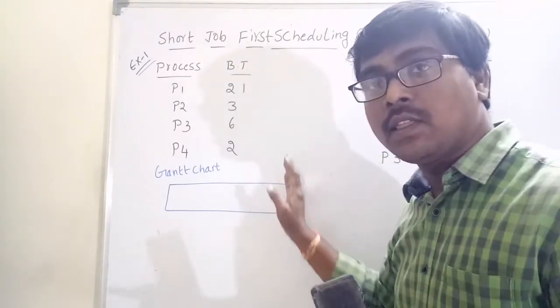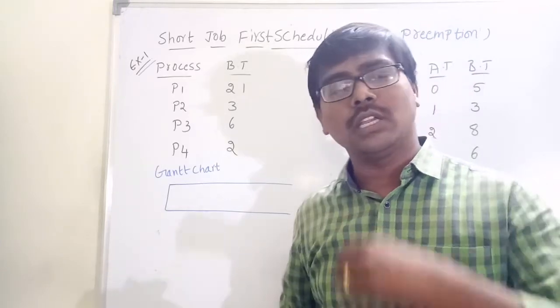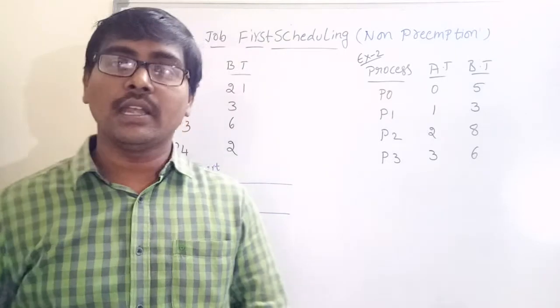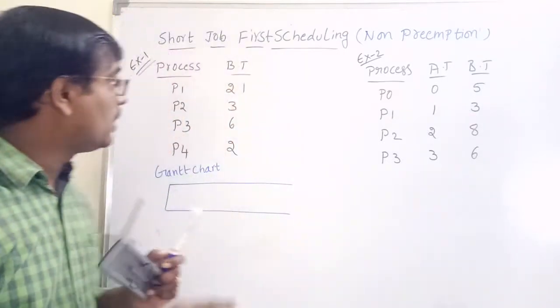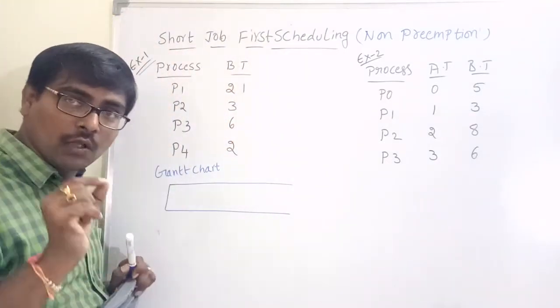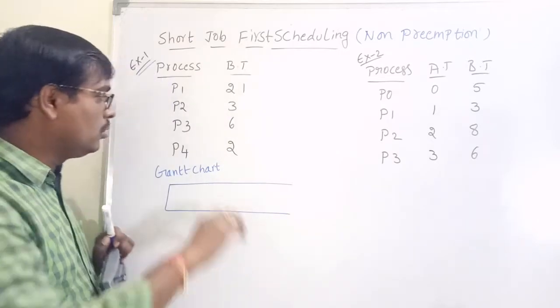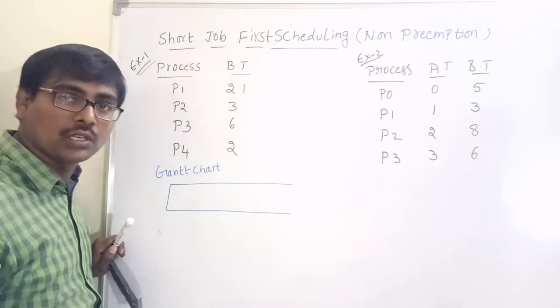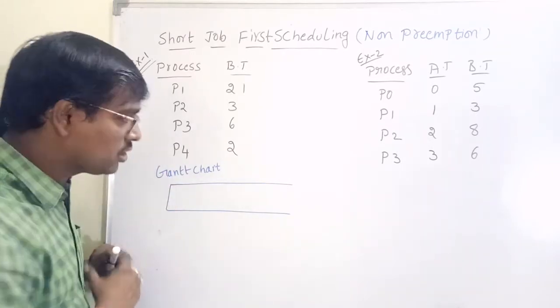That is completely our wish, because all the processes enter into the system at a time. But in shortest job first, we allocate the CPU to the process which has the least burst time, the smallest burst time.